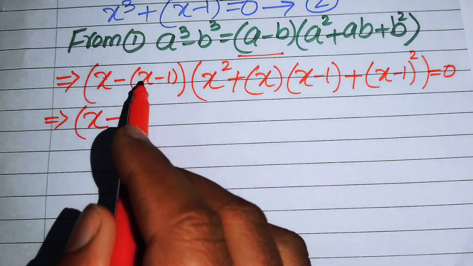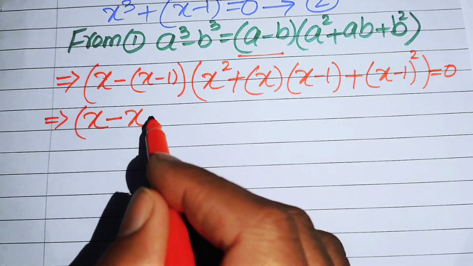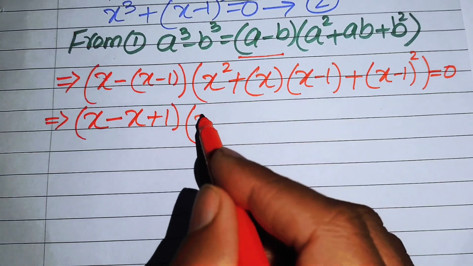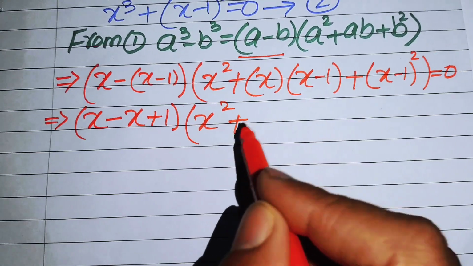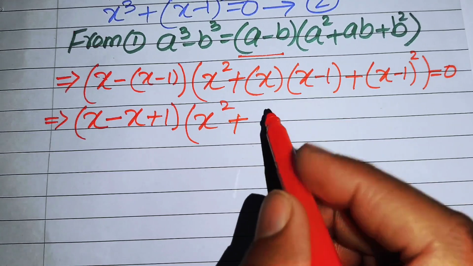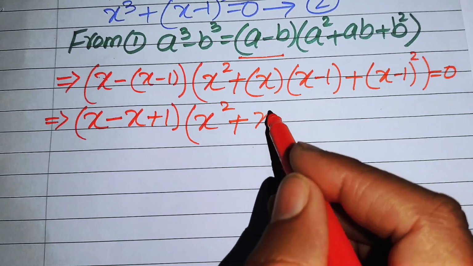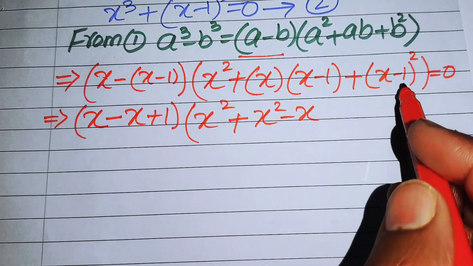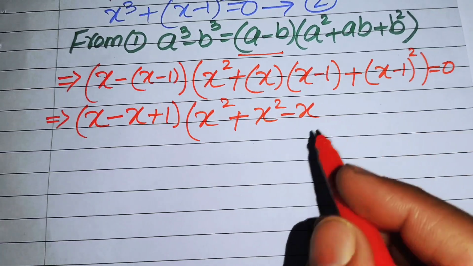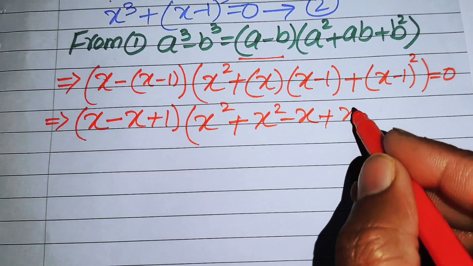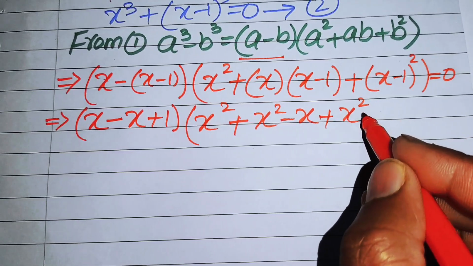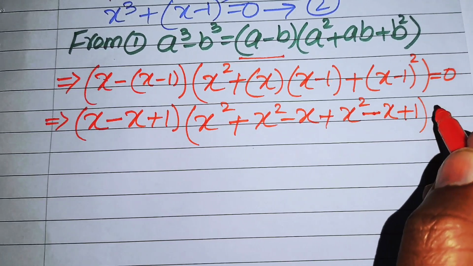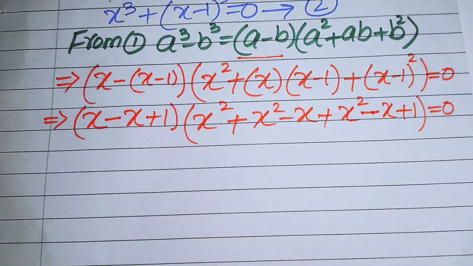We multiply the minus on both of the terms and get minus x plus 1, and we simplify the next term: multiplying x on both of the terms, we get x square minus x. Here we open the square of this term and we obtain x square minus x plus 1, and this whole equation equals 0.